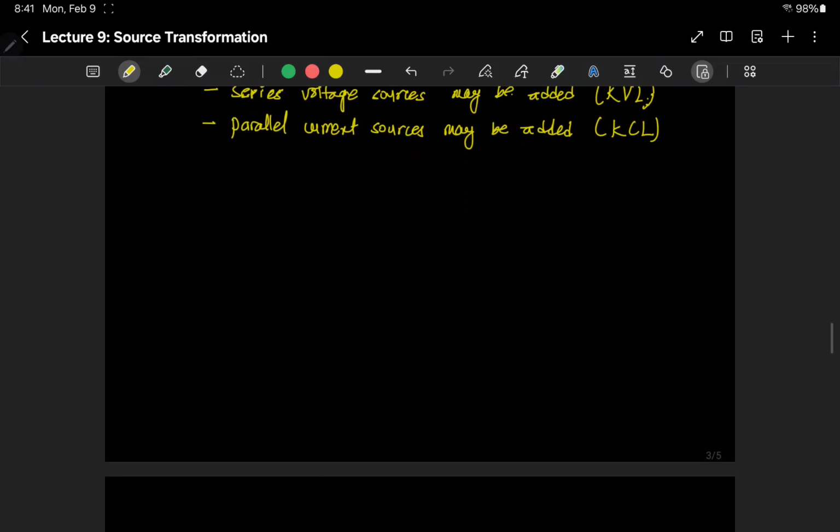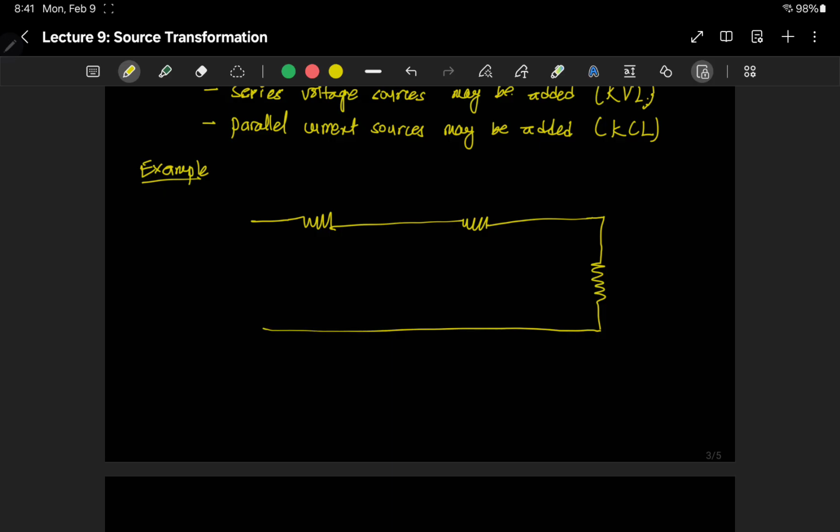Okay, let's see this with an example. Two ampere current source. We have a resistance in parallel which is 6 ohms. We have another resistor which is 6 ohms.